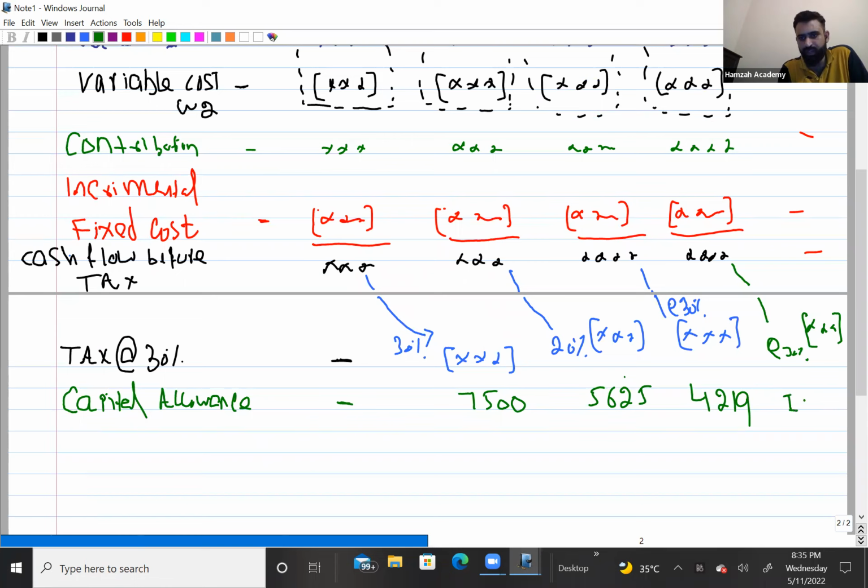So 11,156 will be the relief in year 5, relating to year 4, but the relief will be available in year 5. You get it? Any confusion?